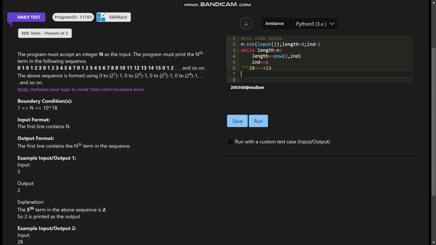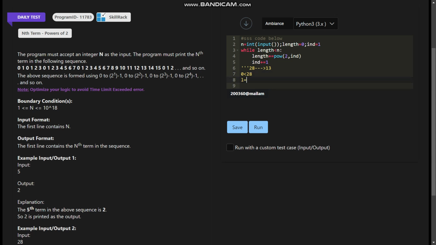Initially the length is 0, which is less than n, which is 28. 0 is less than 28, yes. Then the length becomes 2 because the index is 1. 2 is less than 28, yes.